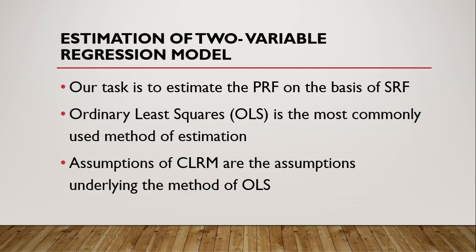This is one of the most commonly used methods of estimation of a regression model, and all the assumptions of the classical linear regression model are the assumptions underlying the ordinary least square method. So we can apply the ordinary least square method only when the regression model satisfies all the assumptions of the classical linear regression model.